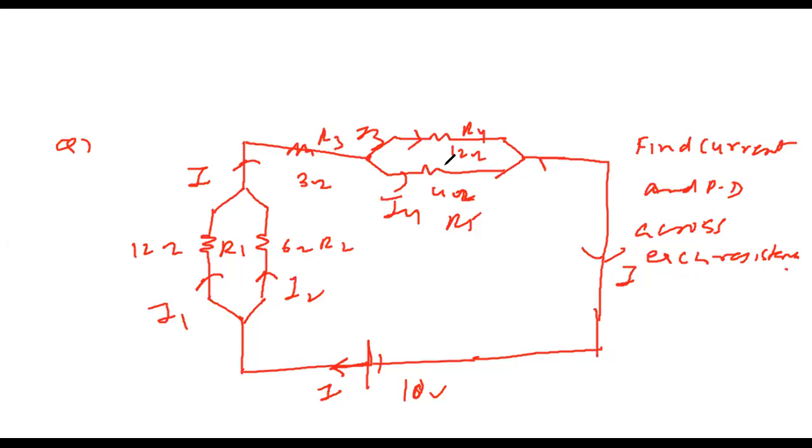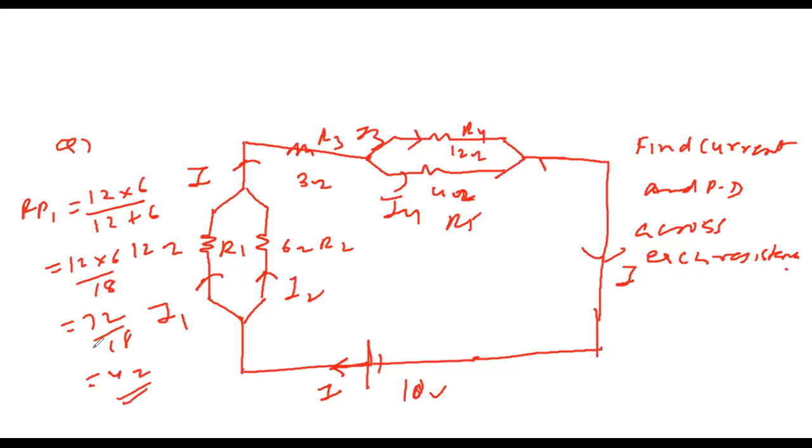Any of you got total current? Is it 1? One is correct, 1 ampere. See, what did we get for the parallel of these two? Parallel of the first part, 12 and 6: product over sum, 12 into 6 upon 18, 72 by 18, that is 4.